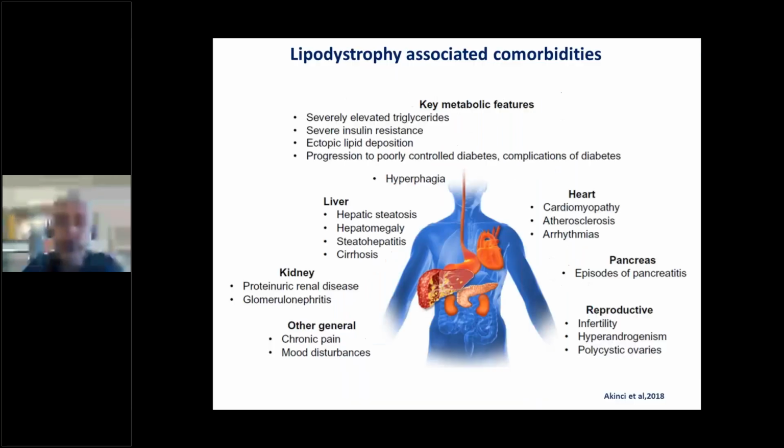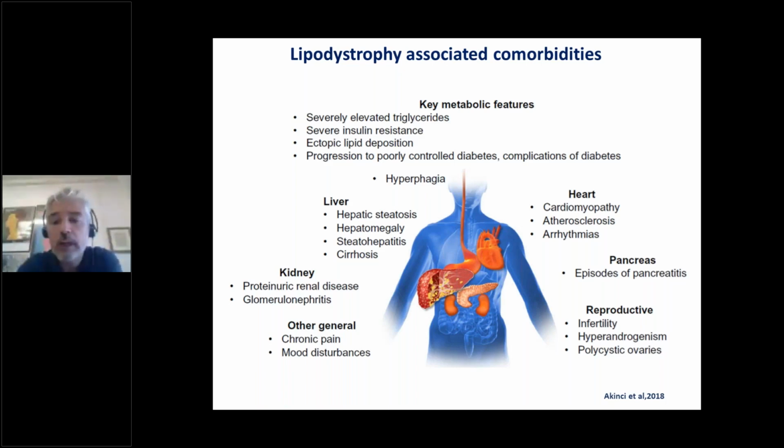In this slide, you can see a summary of the most frequent comorbidities that are associated with the different forms of lipodystrophy. Some of them were already mentioned, others not. For example, in some types of lipodystrophy, it is not rare to see cardiomyopathy or arrhythmias. It's very important, the reproductive aspect, because leptin, as you know, is an important modulator and regulator of GnRH neurons.